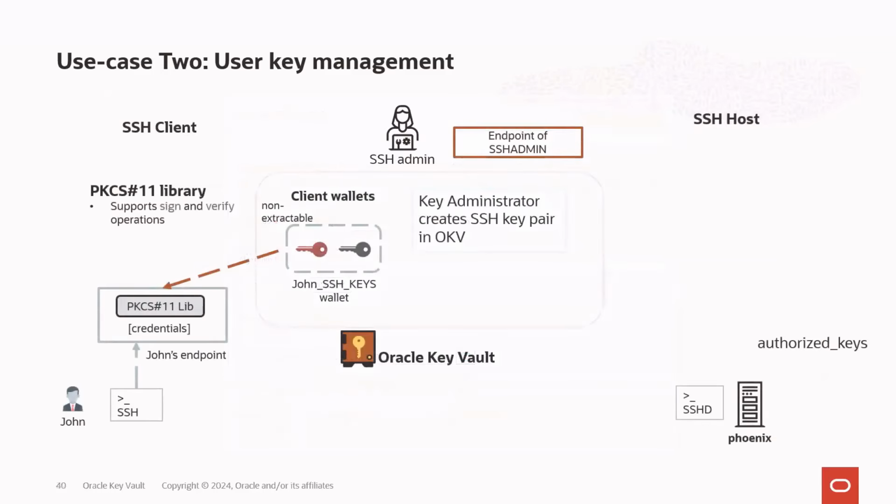John's wallet now contains a private and a public key. John's OKV endpoint has read-only access to this wallet, and the private key is non-extractable by default. That means the private key cannot leave the cluster boundary of OKV.